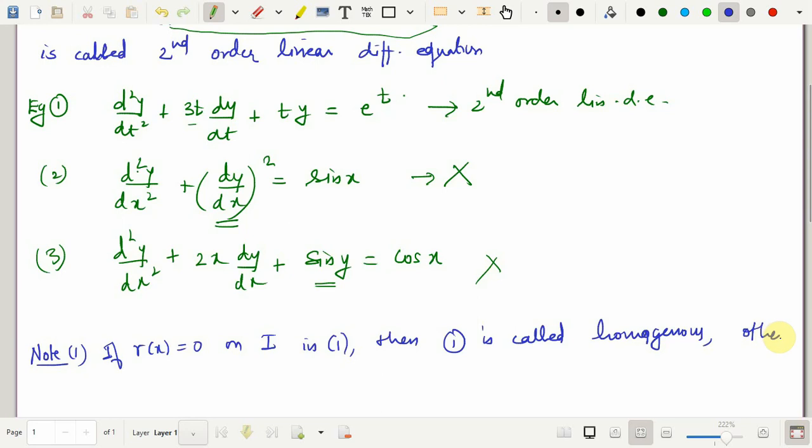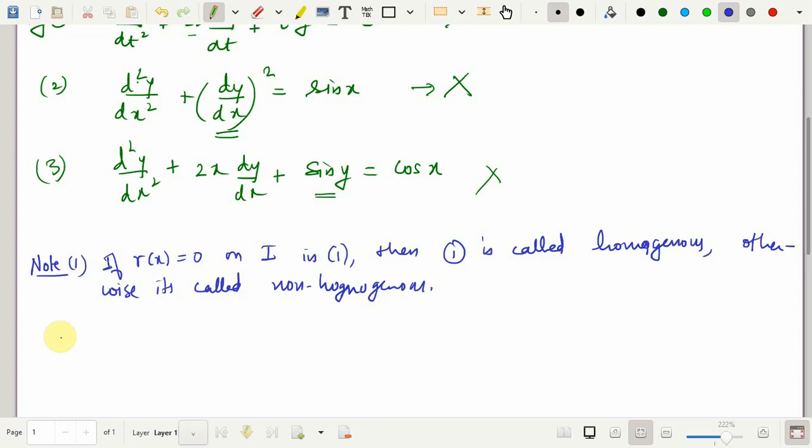Otherwise, if it is not identically equal to 0, it is called a non-homogeneous second order linear differential equation. So, that is the first note.